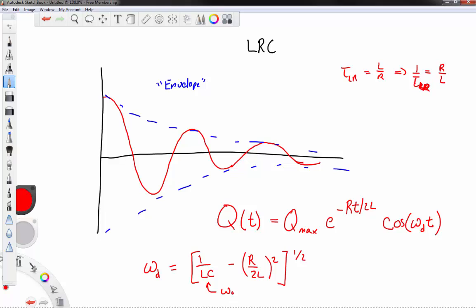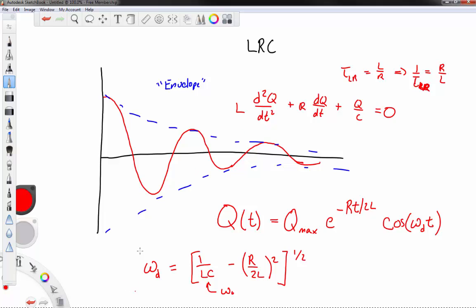This entire thing comes from a differential equation of the form L times d squared q by dt squared plus R times dq by dt plus q over C is equal to 0. And this is the solution to that equation.